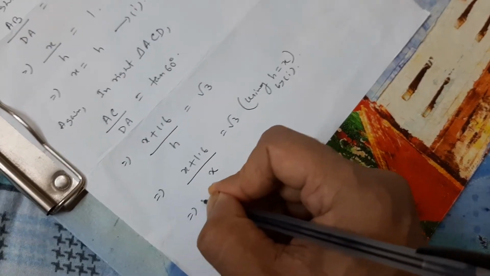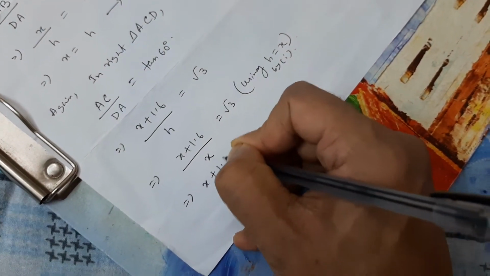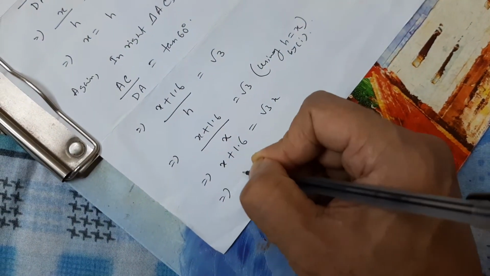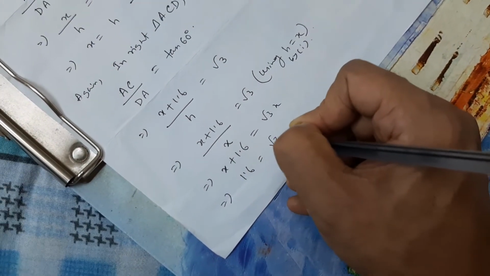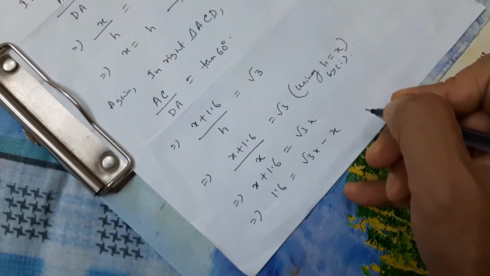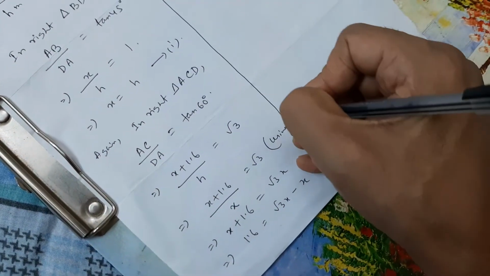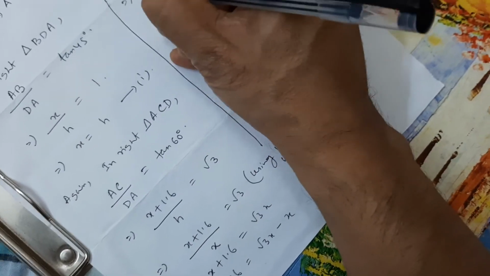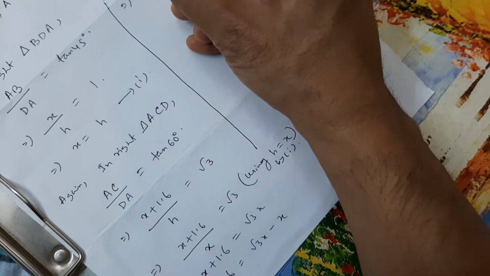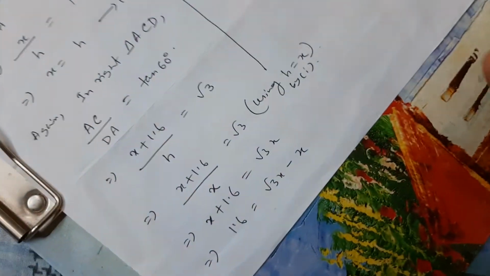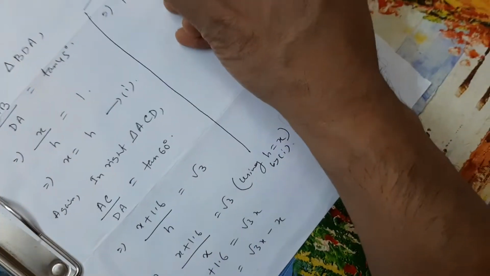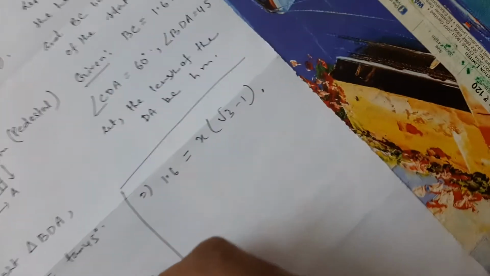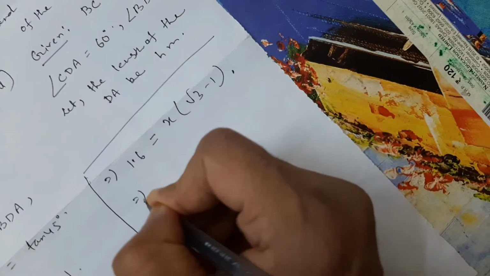Okay, now cross multiply. x plus 1.6 equal to root 3 x. So 1.6 equal to root 3 x minus x. x is common, root 3 minus 1.